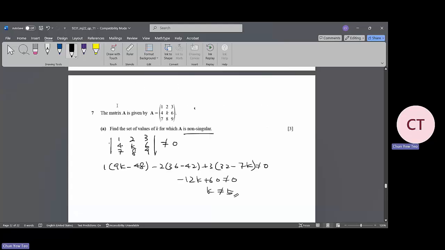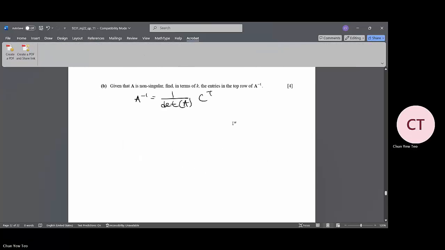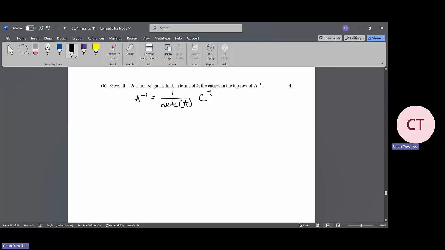So that means we need to find the minor for these 3 values. Okay. Let me copy down matrix A first. So matrix A looks like this: 1, 4, 7; 2, k, 8; and 3, 6, 9.